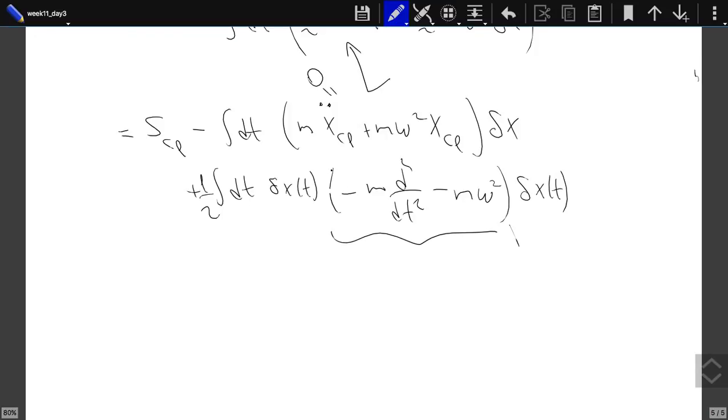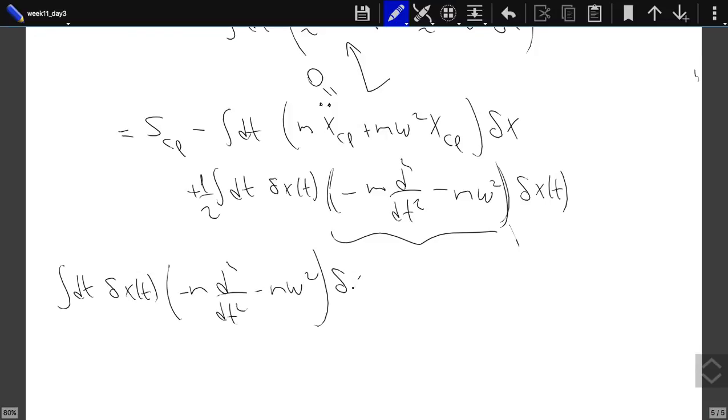And now the only thing left is to evaluate the determinant of this matrix. Let's discretize it, that way it will be easier to see. So let's look at this one: the integral dt of delta x of t, minus m d squared by dt squared minus m omega squared, delta x of t.